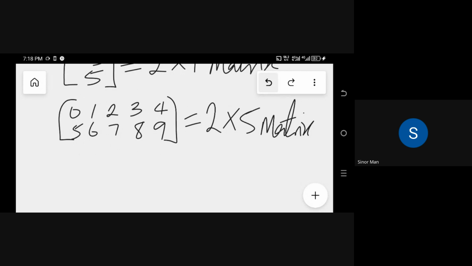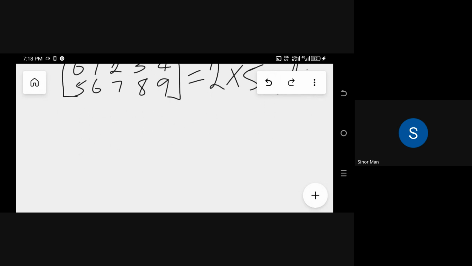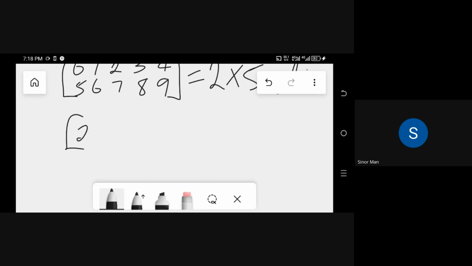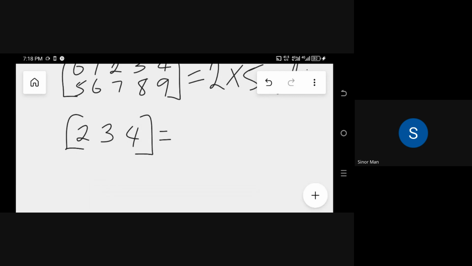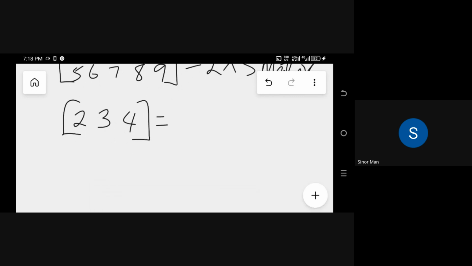Then let's look at one last one, and then we'll proceed to the elements of a matrix. So let's identify this matrix: 2, 3, 4. The order of this matrix. What name should we give to this matrix?